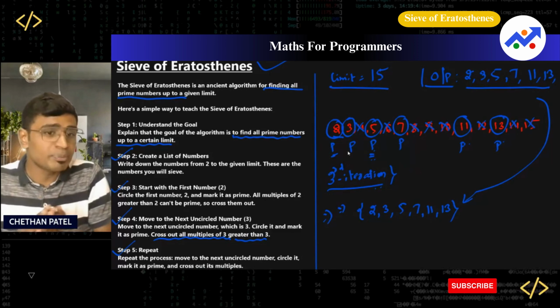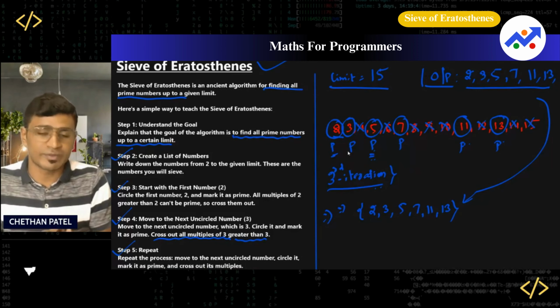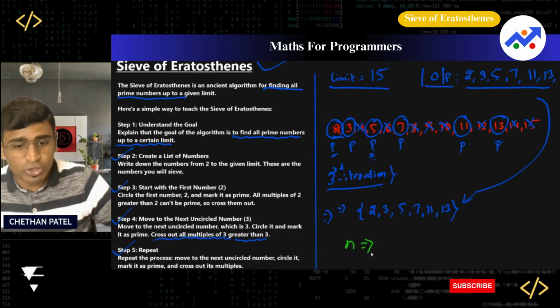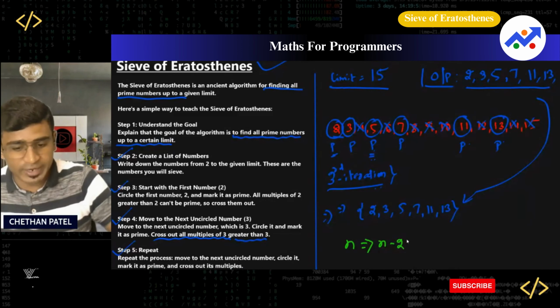We have also understood why the brute force solution is not efficient. If you wanted to identify whether a number n is prime, you need to run n minus 2 iterations.